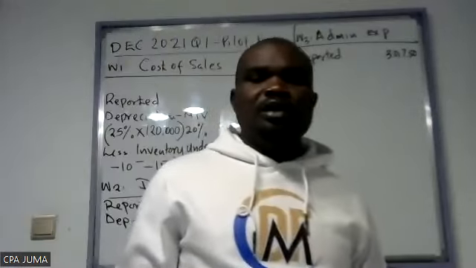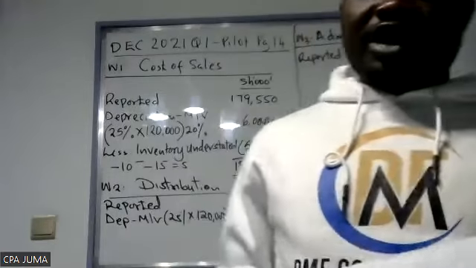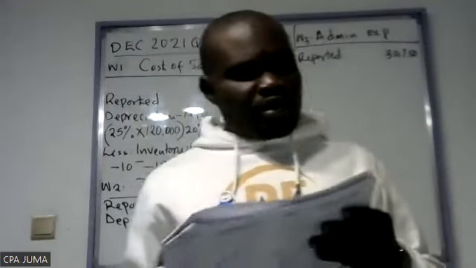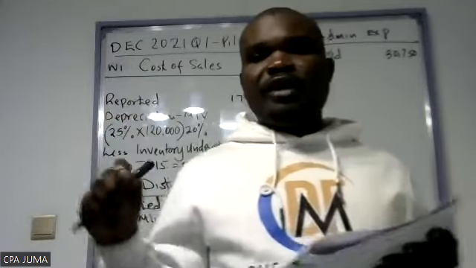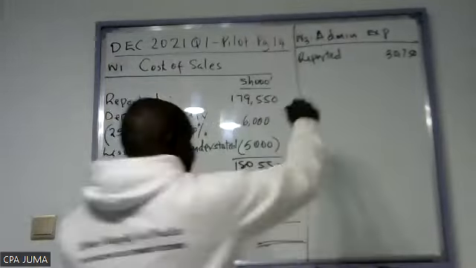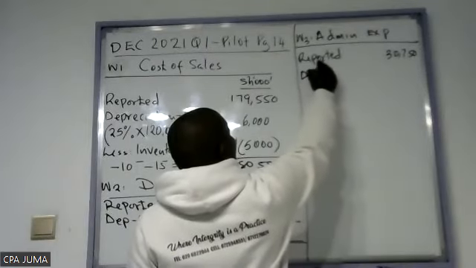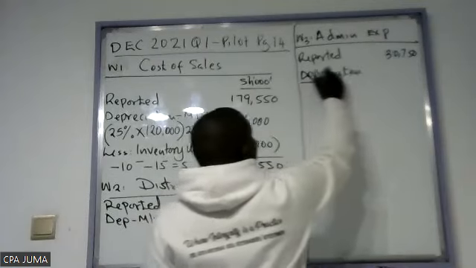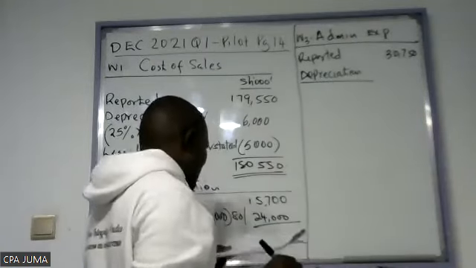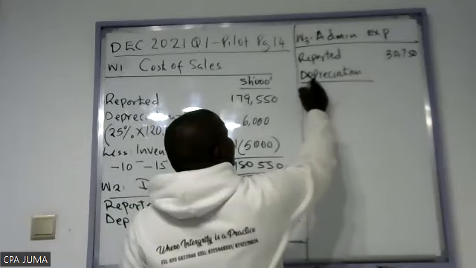The first one, let's check 2. So 2 for depreciation. Depreciation for building and furniture, those 2. So depreciation for buildings.